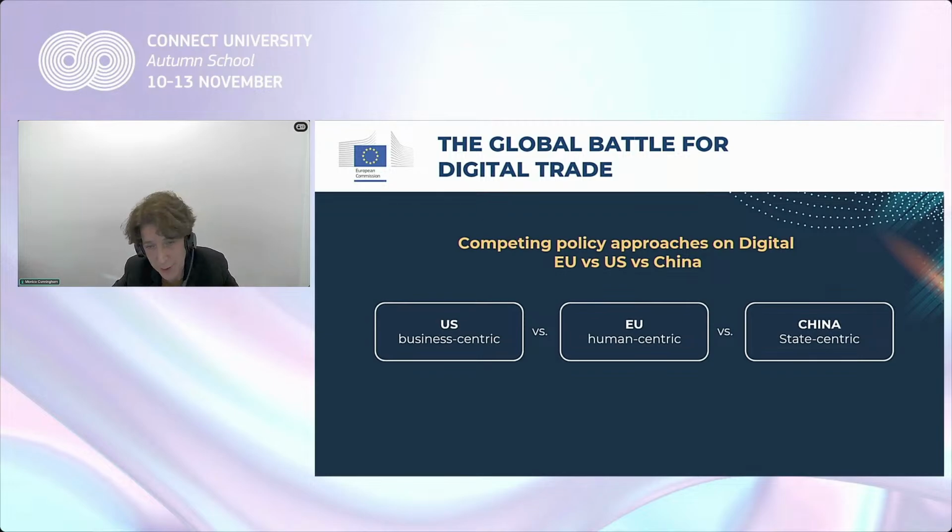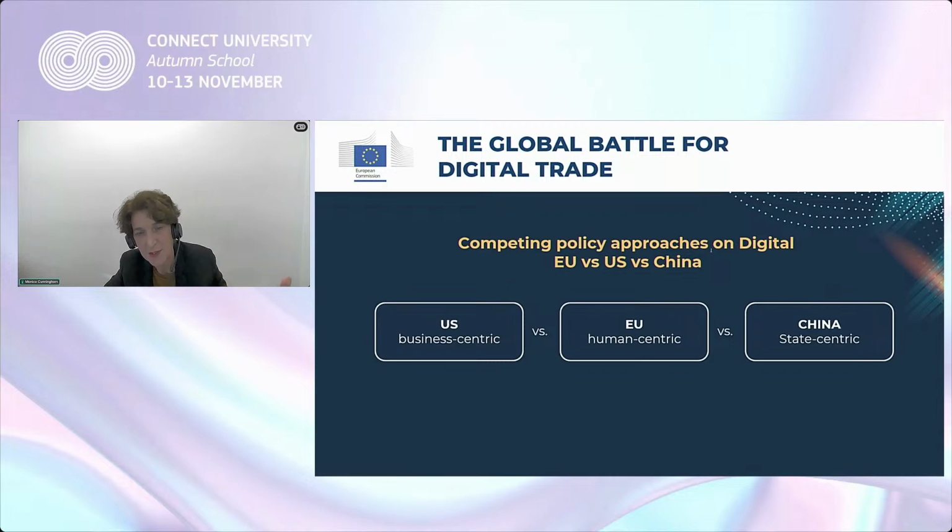In the middle, we have what we in the EU refer to as our human-centric approach. The EU is seen as being at the forefront of a lot of policy development and regulation in the digital sphere, and I'm sure you're hearing a lot about that from different speakers. Famously, we're starting with the GDPR, and I'll come to how that's reflected in our digital trade rules later.